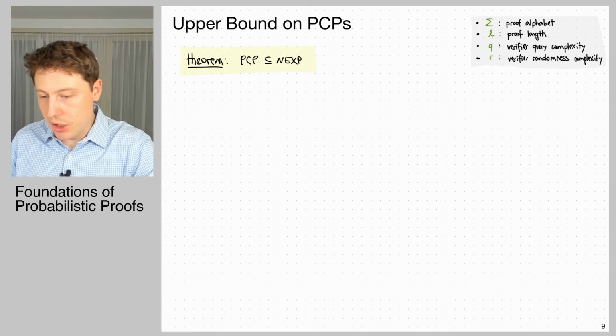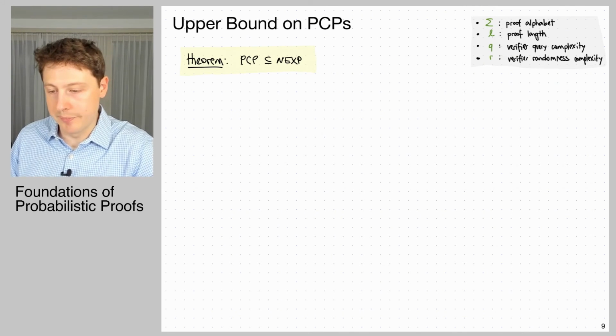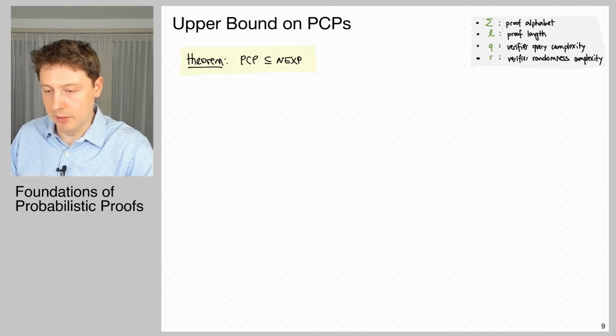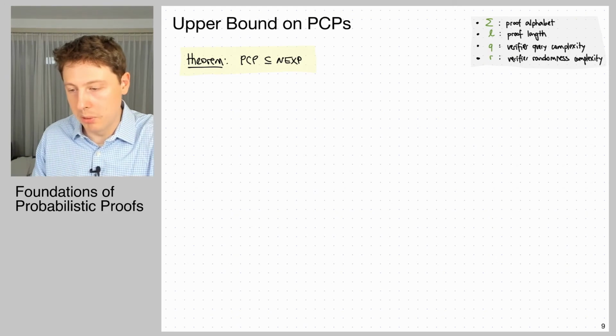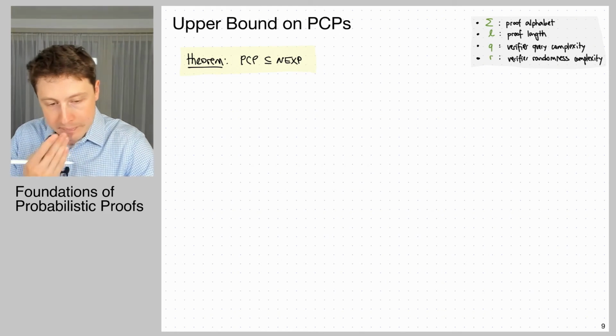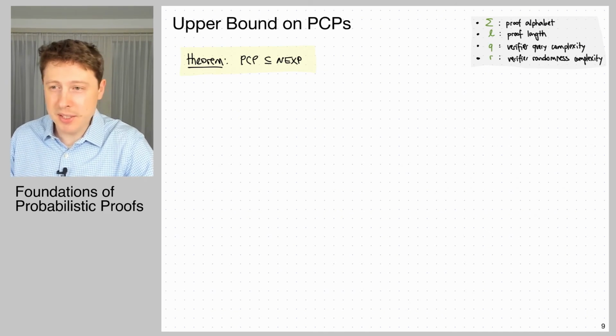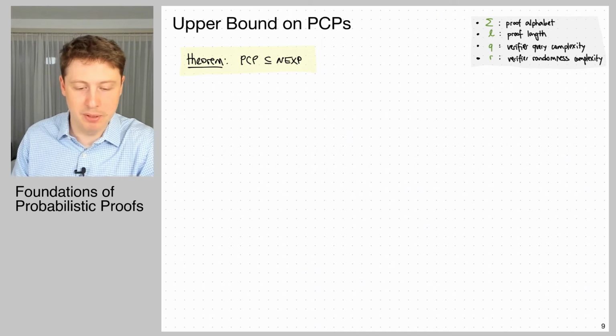Just as a legend, here are the complexity measures that you typically pay attention to: proof length, proof alphabet, query complexity, and randomness complexity. And this theorem is a direct combination of two rather simple lemmas.